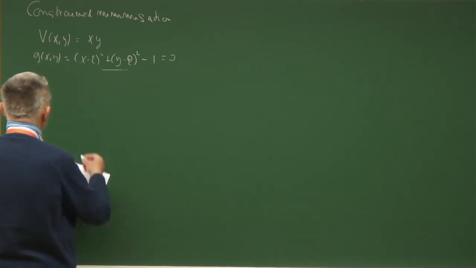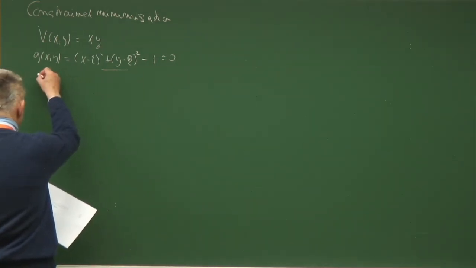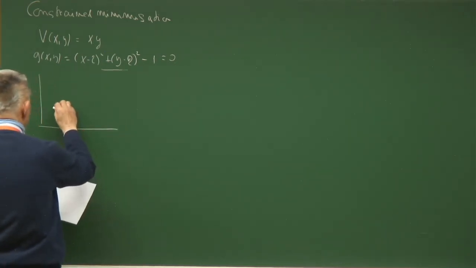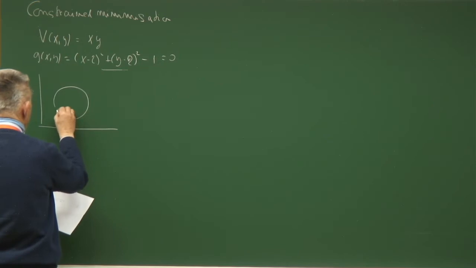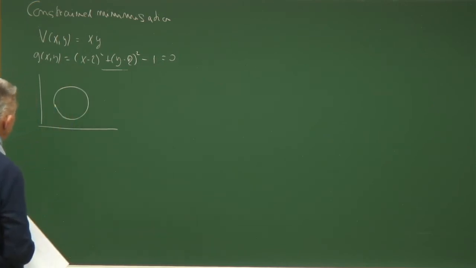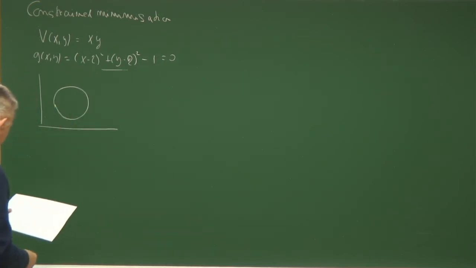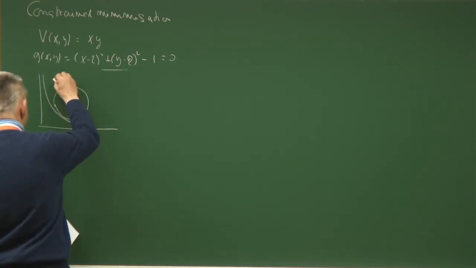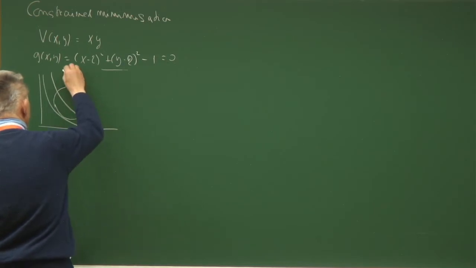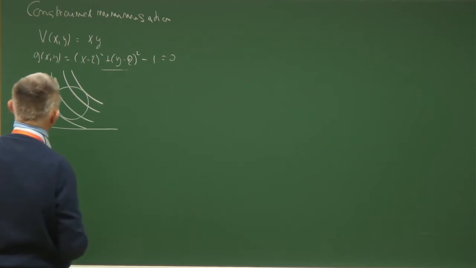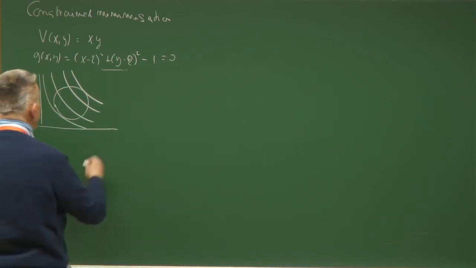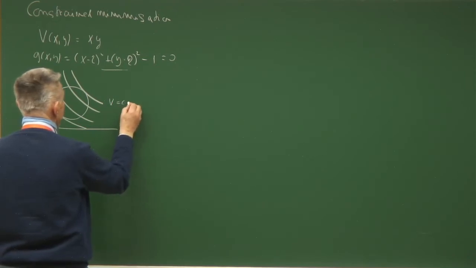Now, I draw also a picture. This is the constraint, and those are the lines of niveau, of constant values of the function to be minimized. So this is V is constant.